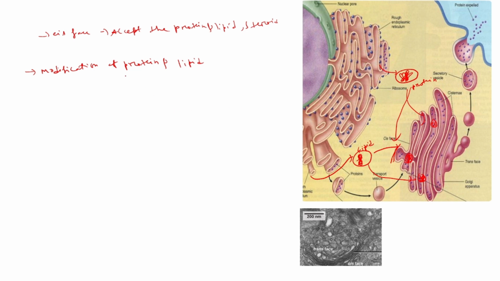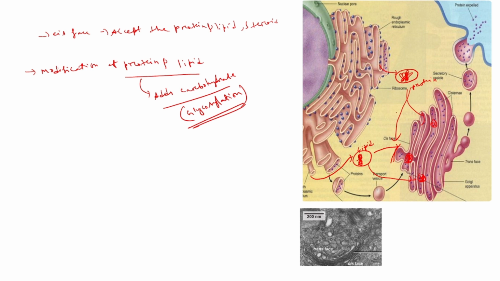So what is the modification? The Golgi body adds a carbohydrate to it, and the process is called glycosylation. So what is glycosylation? It is the addition of a carbohydrate to any molecule.